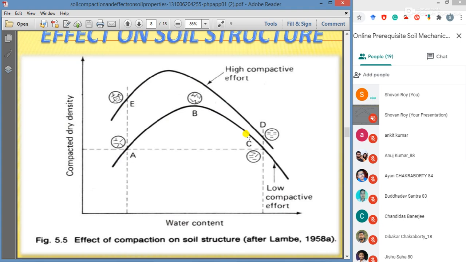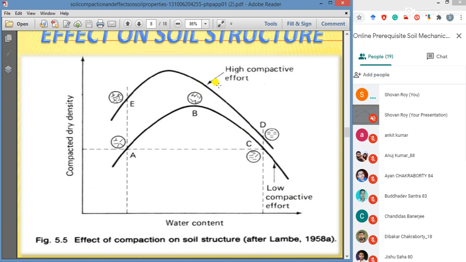In this figure, there are two compaction curves for a clay, one at lower compacting effort and another at higher compacting effort.